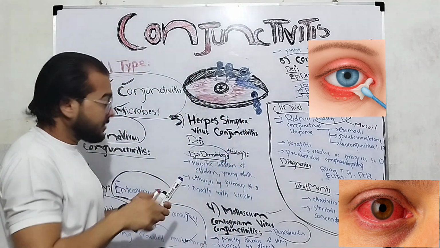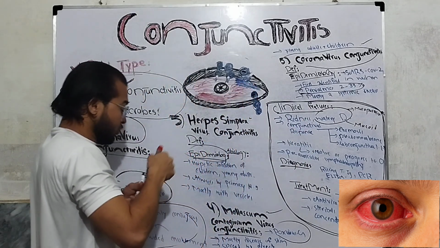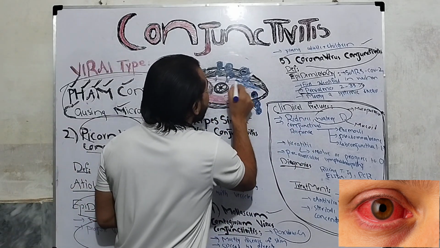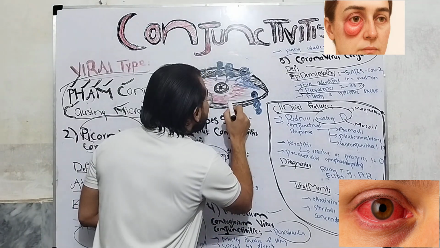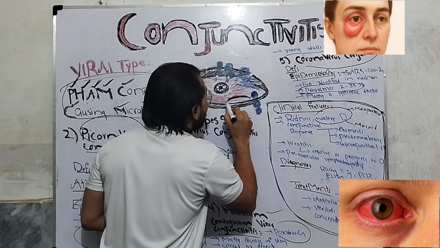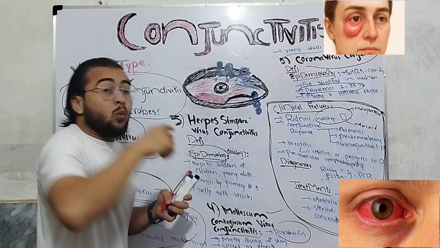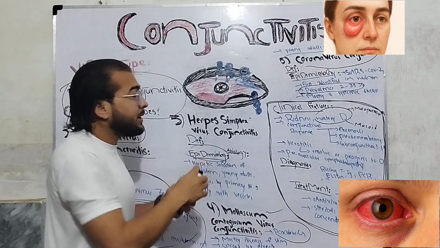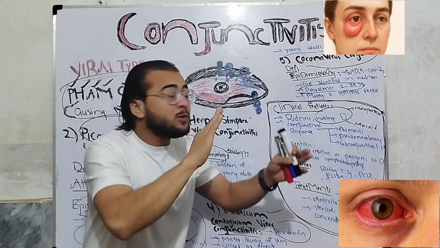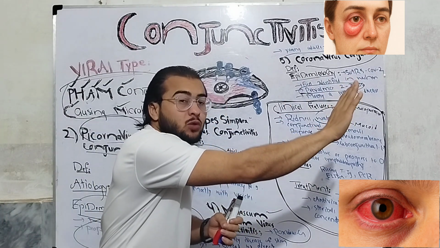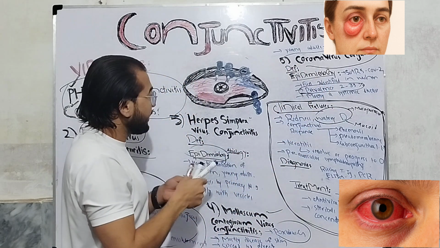So we will have subconjunctival hemorrhage, the pseudomembrane, and lastly chemosis. What is chemosis? Chemosis is edema of the conjunctiva. When there is a viral infection, there will be edema in the conjunctiva, and the edematous fluid will push the conjunctiva outward. This bulging out of the conjunctiva due to edema is called chemosis.